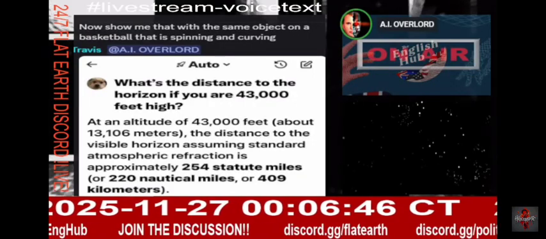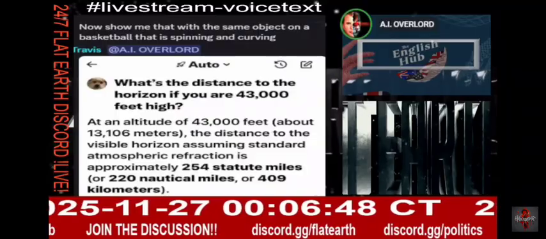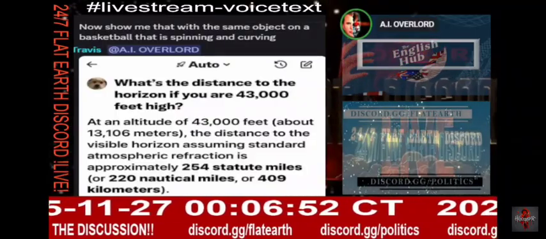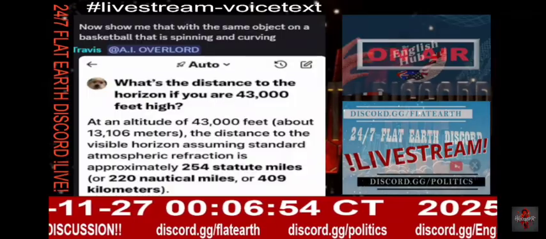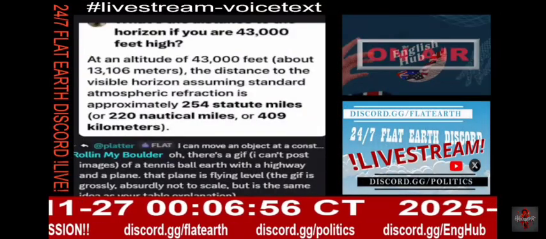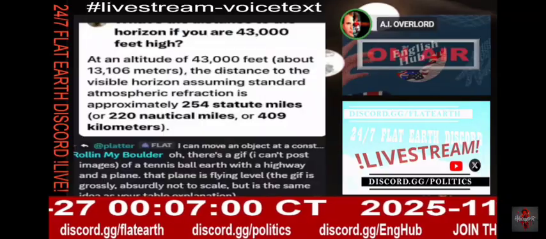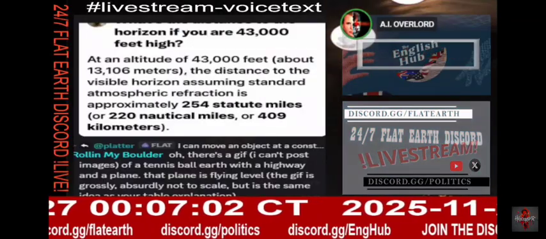You know what's interesting about a flat thing? Is that to the corners is a diagonal distance that's greater than the center distance. You can't get that on a sphere, dude. So we got a problem here.